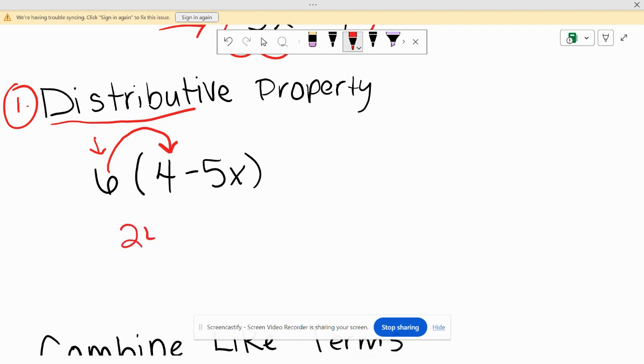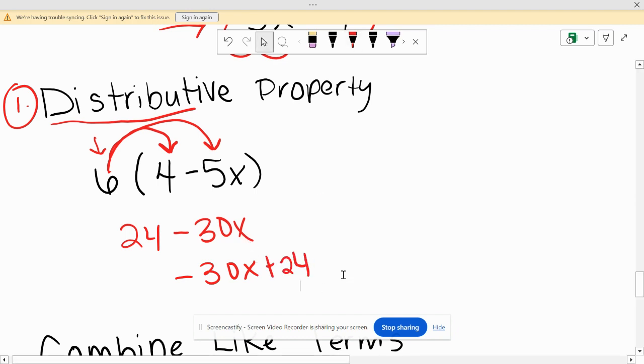That's 24. And then I take my positive 6 and I multiply it by this negative 5x. So that's going to be negative 30x. So my simplified version is 24 minus 30x. I could also rewrite that as negative 30x plus 24. If you like having the variable come first, that's fine. Both of these mean the same thing.